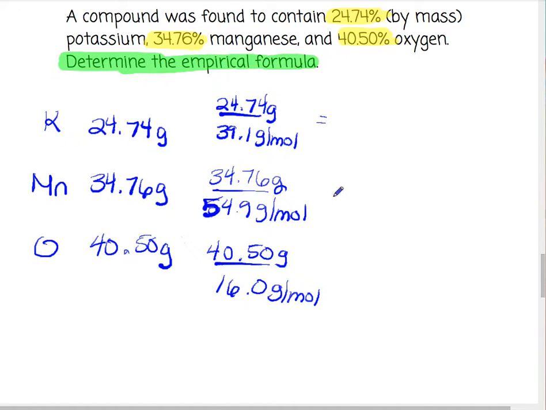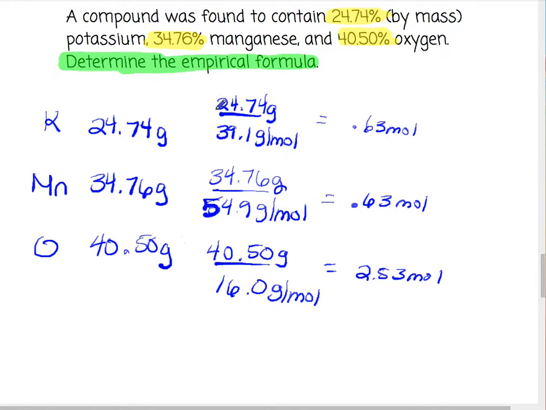Okay, so now that's step 2. We just have to do the math. So break out your handy dandy calculators, and you'll find that this is 0.63 moles. This is 0.63 moles. And this one is 2.53 moles. All I did was plug these numbers into my calculator. I want to make sure that you understand that the top number goes into your calculator first.